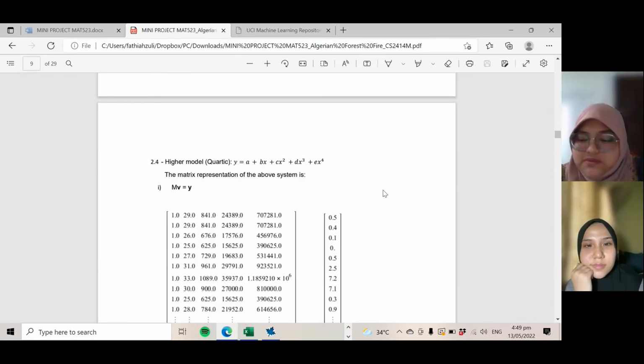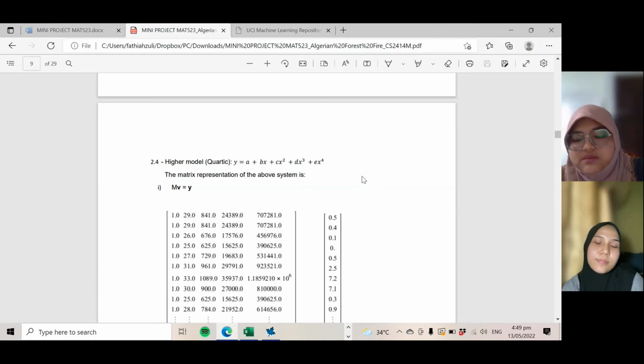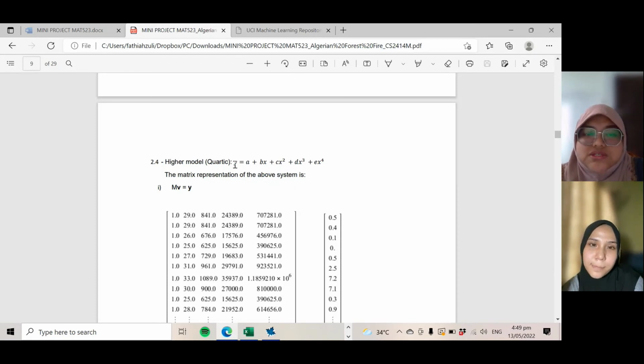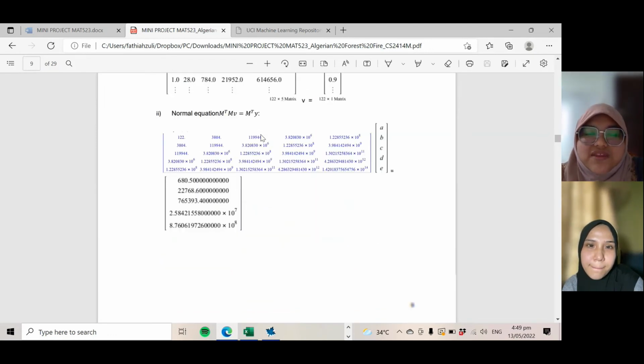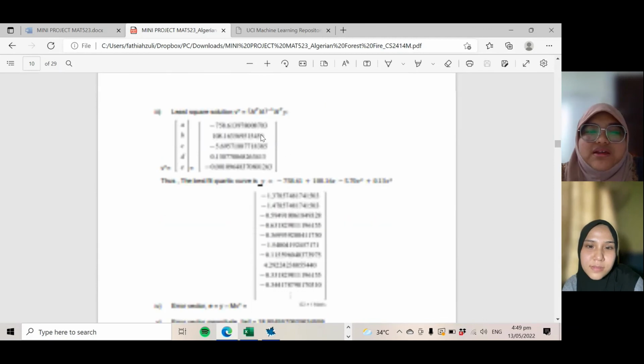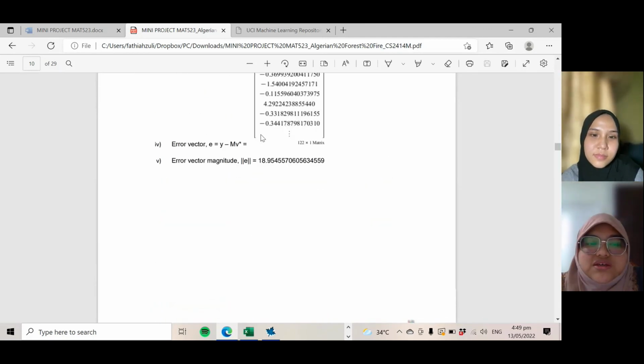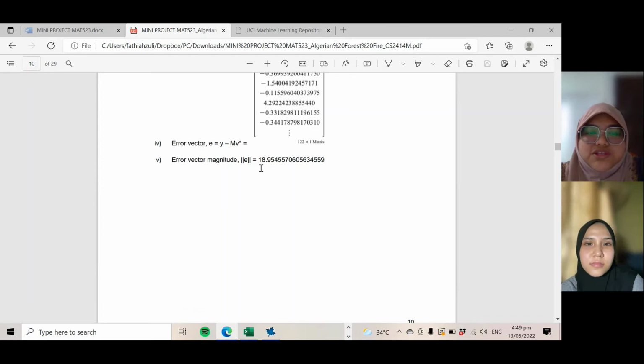For this implementation, we decided to go up to a fourth degree model, which is a quartic model, y equals a plus bx plus cx squared plus dx cubed plus ex to the fourth. All of it is the same, and then the vector magnitude.